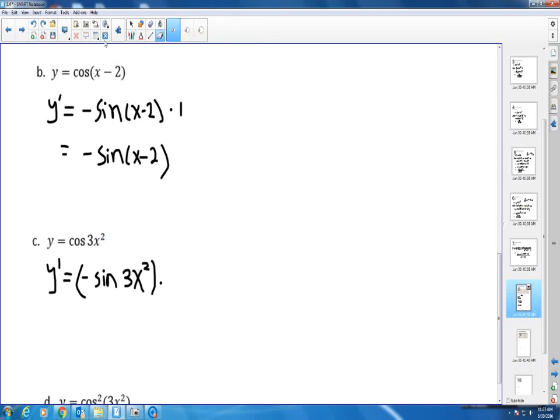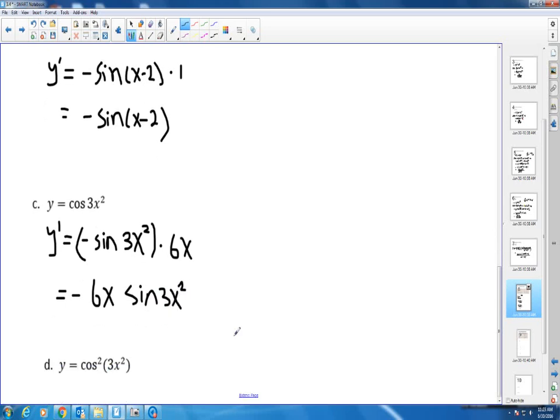I'm not going to put 6x in the parentheses. So my answer would just be negative 6x times sine of 3x squared. There you go. That's all it is.